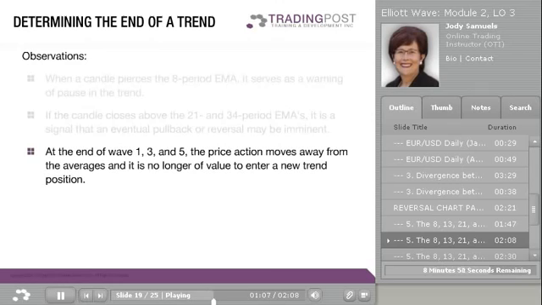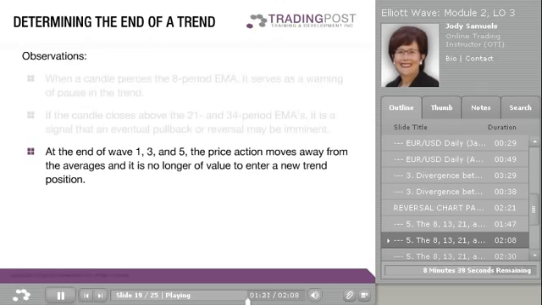This is traders' emotional desires to stay with the trend, even if there are signs of a completion of the trend. What you see next is that the price action always comes back to the averages. There is little value in entering a position at this stage of the game, as the price will revert to the mean a few price bars later.